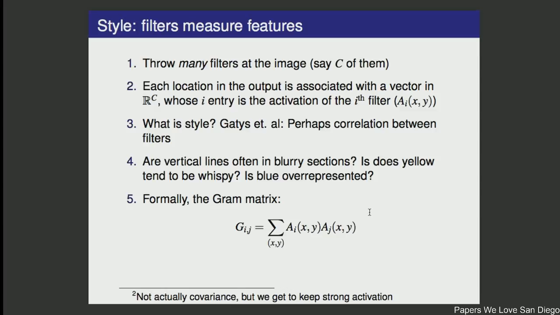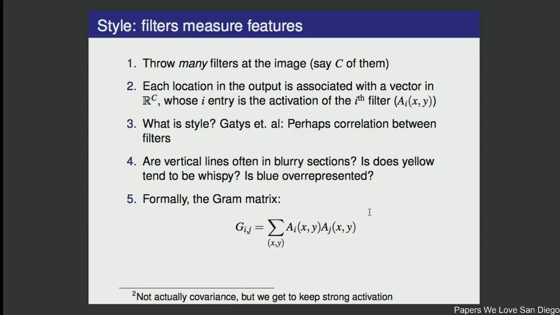Now, you might say, well, you really should be using covariance. And I think that's a really interesting point. I think it would be interesting to throw that in as an extra measure. But the one thing that this does help us with is if blue is highly represented, the entry in the matrix that you would get by calculating covariance would be essentially measuring how much fluctuation in blue there is.